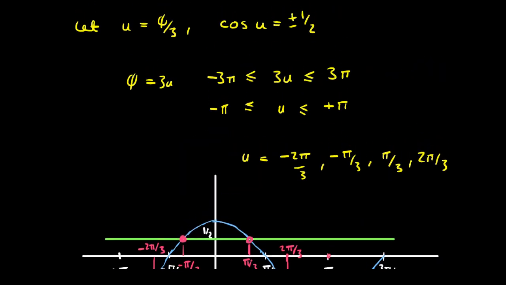What we want is solutions for phi, and phi is equal to 3 times u. All we've got to do is take all of these solutions and times them by 3. Well, that's going to be pretty easy. Minus 2 pi upon 3, if we times it by 3, is minus 2 pi. Minus pi upon 3, if we times it by 3, is minus pi. Pi by 3 times by 3 is pi, and 2 pi by 3 times by 3 is 2 pi. So these should be all of our solutions for phi.